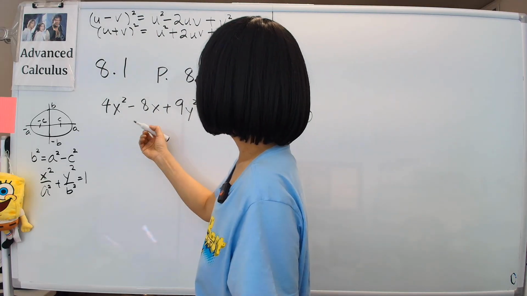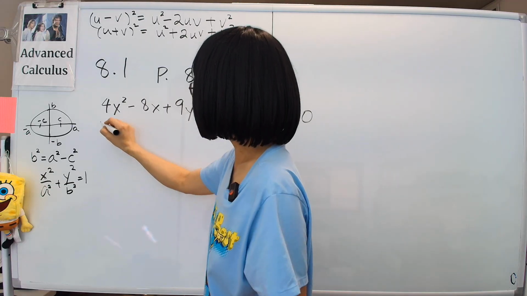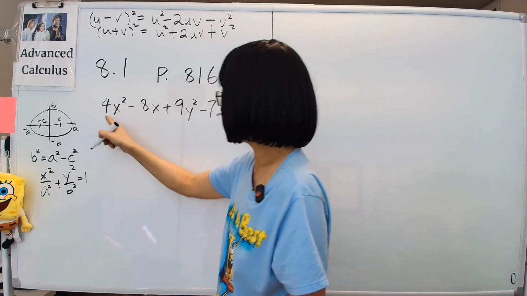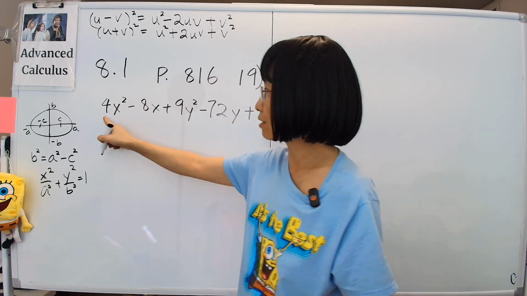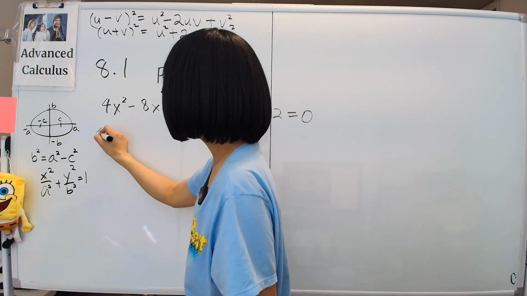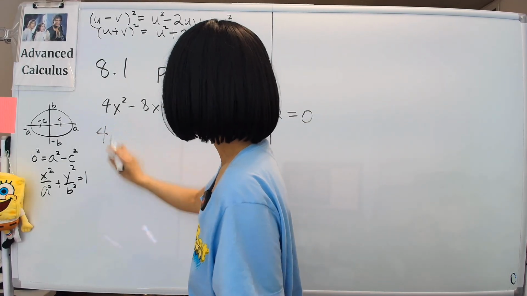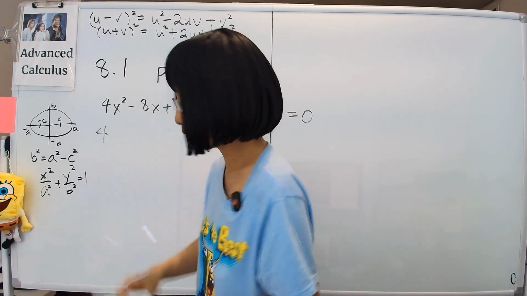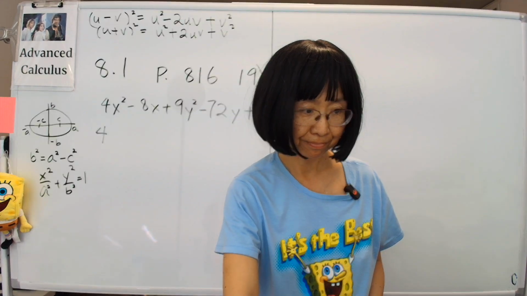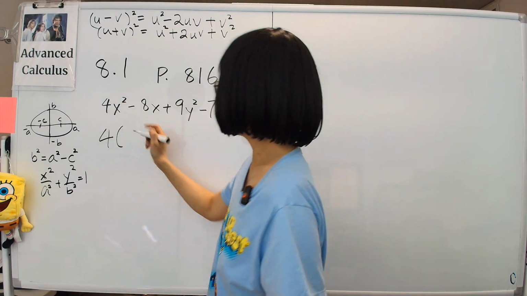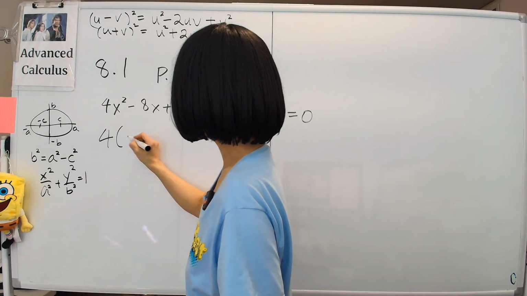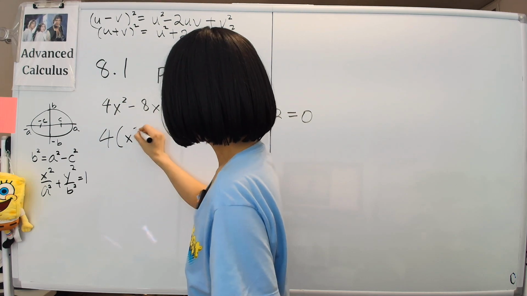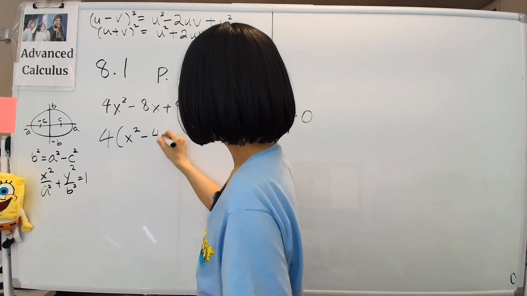To do completing the square, we do it exactly like we did in the example. We take the x's, we factor out the number in front of x squared. So we factor out the 4 in front of the x's. So we have x squared minus 4.